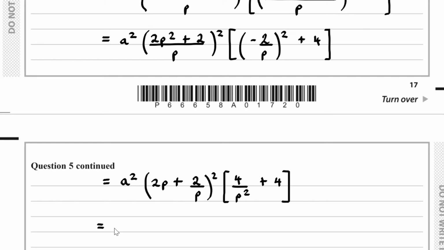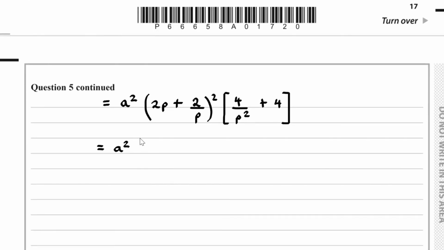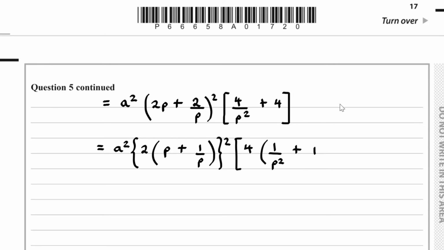So if we tidy this up even further, we've got a squared, and then here, this bracket can be simplified even further. We've got 2 lots of p plus 1 over p squared multiplied by 4 lots of 1 over p squared plus 1.